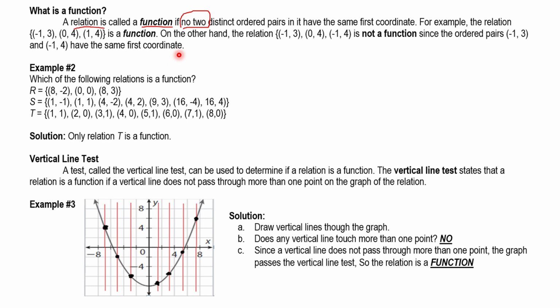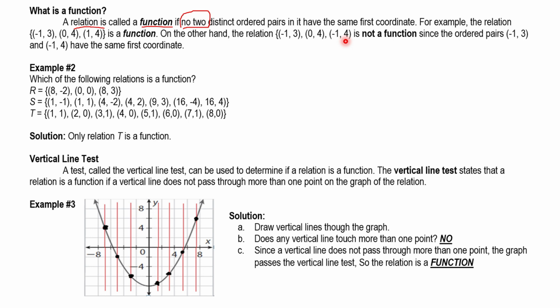So in short, to determine if the given relation is a function or not, all you have to do is take a look at the first coordinates. If there are no repeated ones, then that is a function. Otherwise, if there are repeated ones, like -1, 3 and -1, 4, then that is not a function.